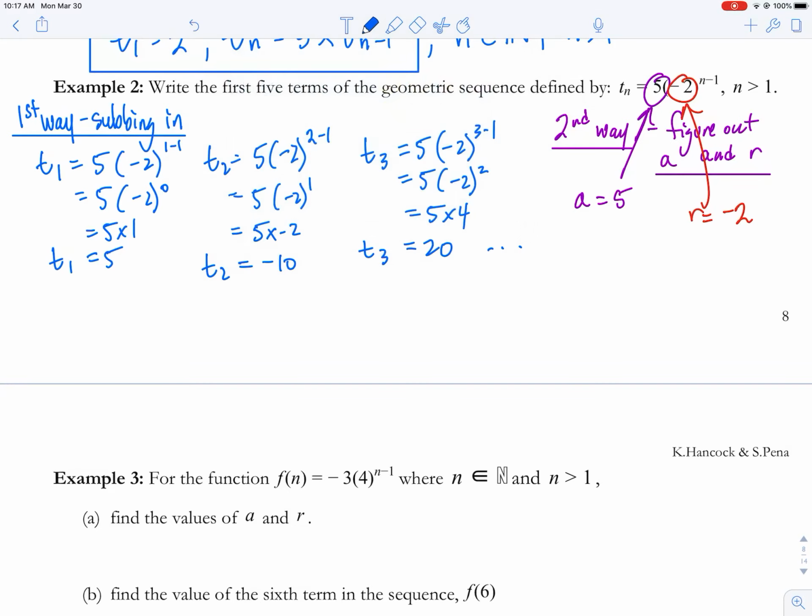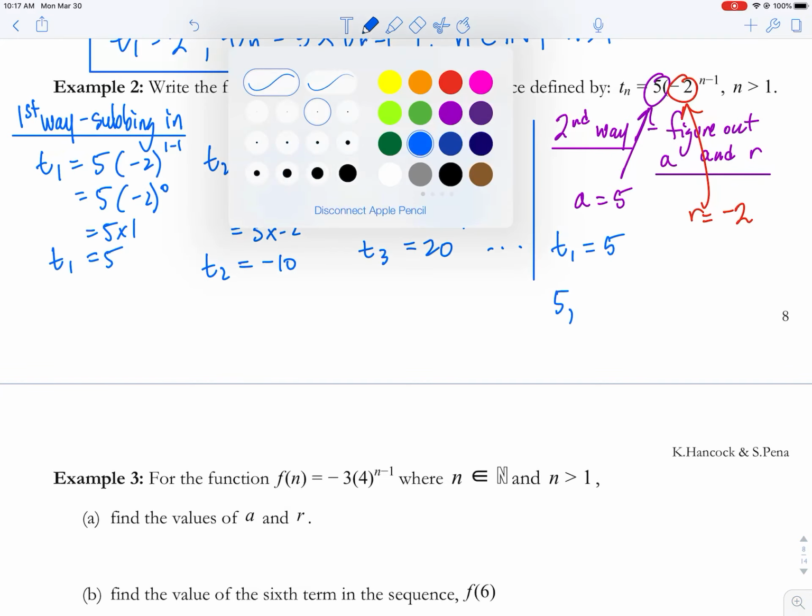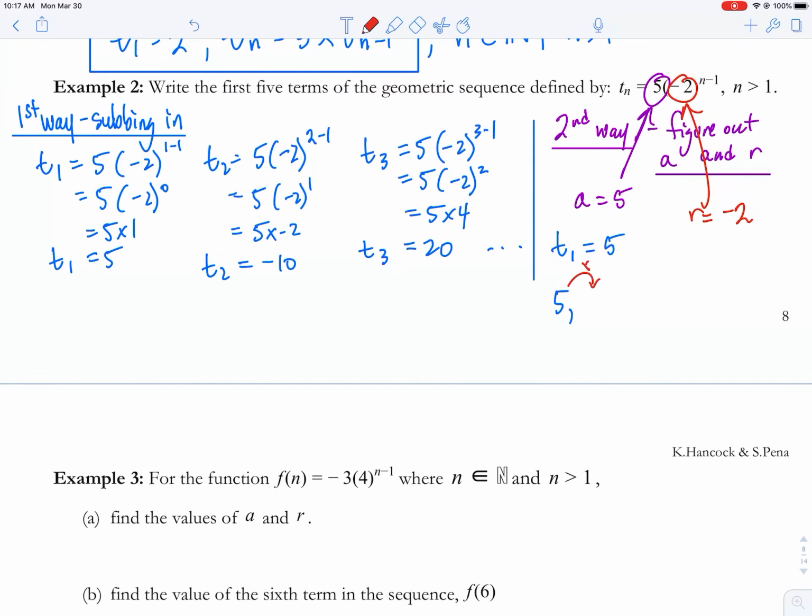And if we remember, A is really our first term. So that tells us that T1 equals 5. And if I were to write this, I'm going to have to times each step by minus 2. So times minus 2 times minus 2. Each time I'm going to be multiplying by minus 2.